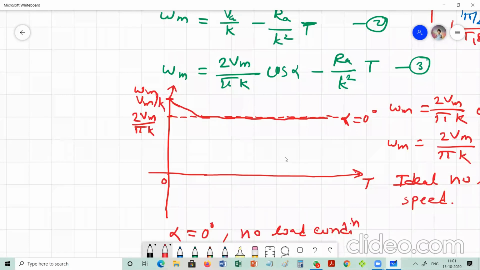To get this graph, we have to maintain alpha equal to 0 throughout the operation. Once alpha is chosen, it should be constant. This is the graph for alpha equal to 60 degree.